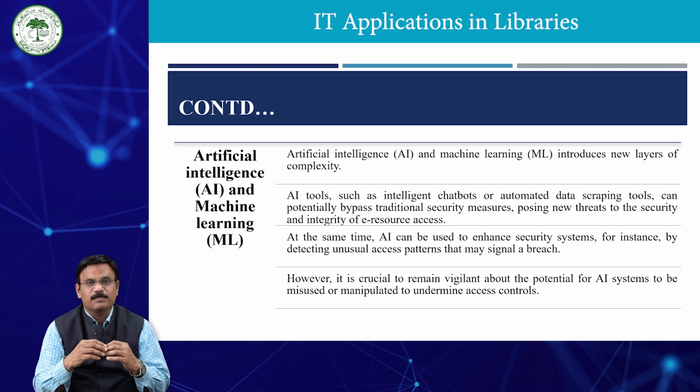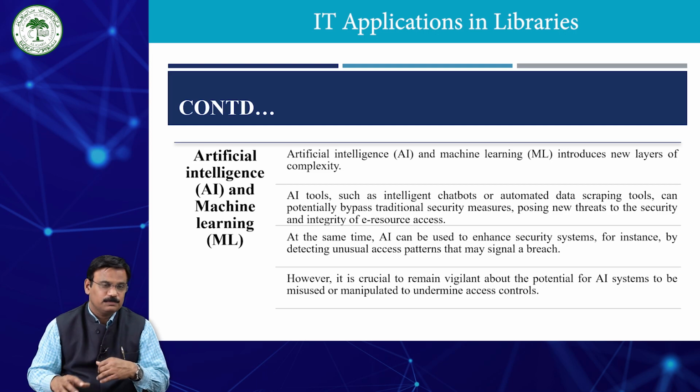At the same time, AI can be used to enhance security systems, for instance, by detecting unusual access patterns that may signal a breach. However, it is crucial to remain vigilant about the potential for artificial intelligence systems to be misused or manipulated to undermine access controls.